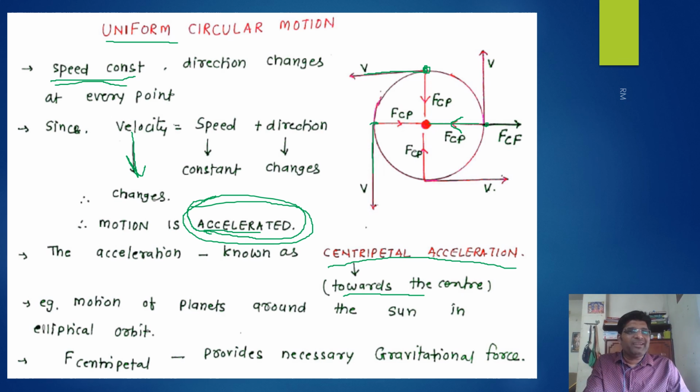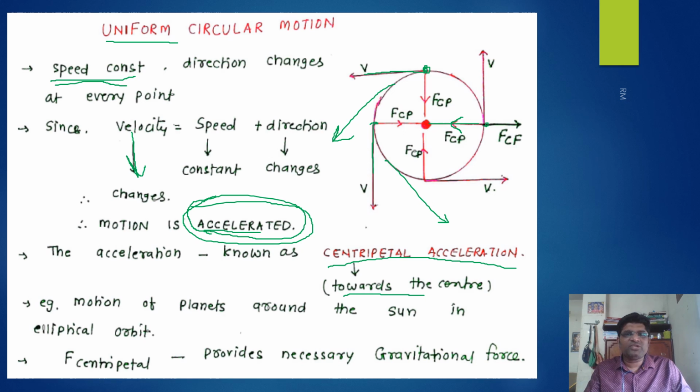So this kind of motion, in which speed remains constant but direction changes at every point, and at every point the direction of the motion is along the tangent, is your uniform circular motion.